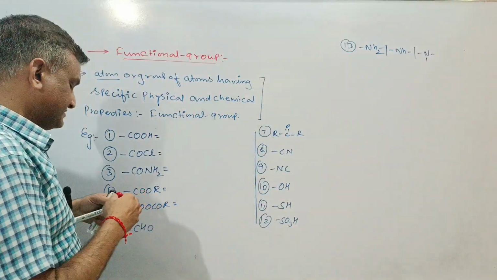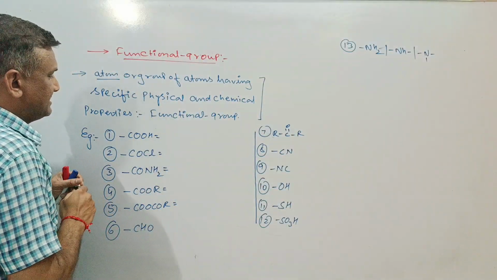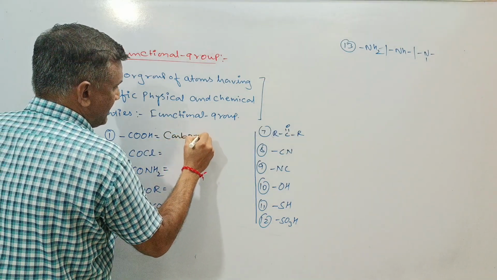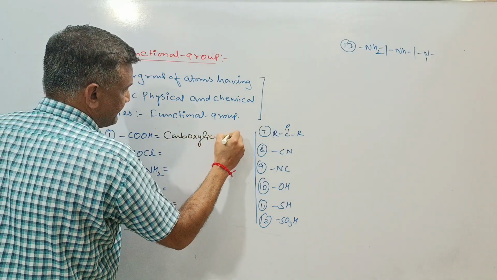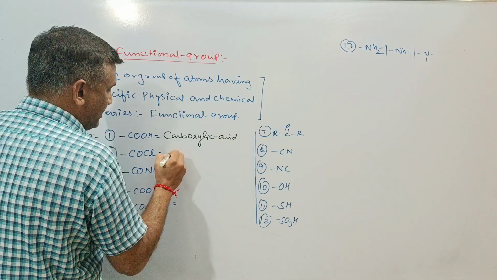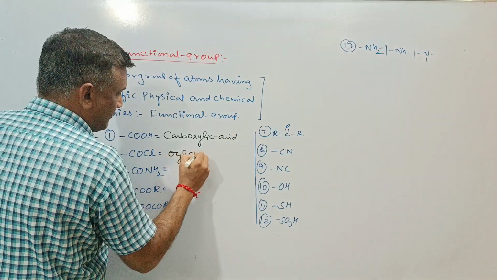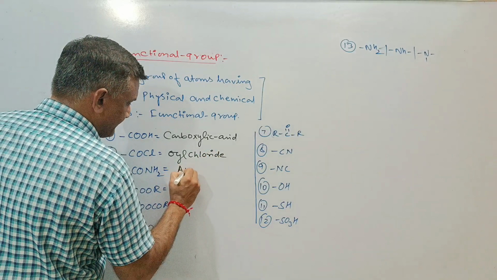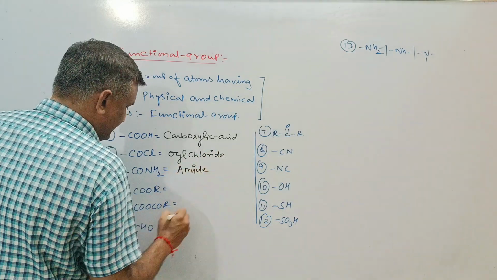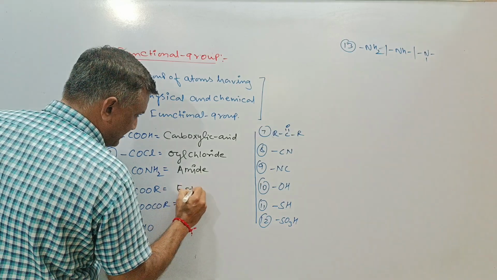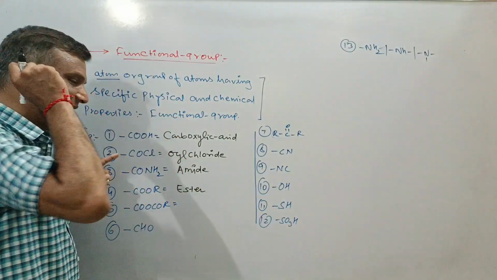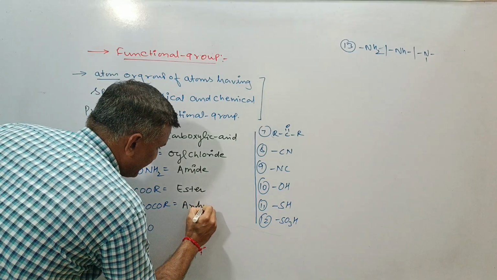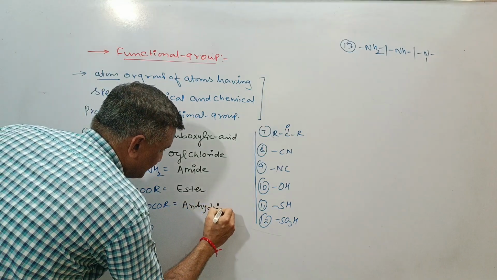The names of these functional groups are as follows. This is the carboxylic acid. This is the acid chloride. This is the amide. This is the ester, it gives a fruity smell. This is your anhydride.